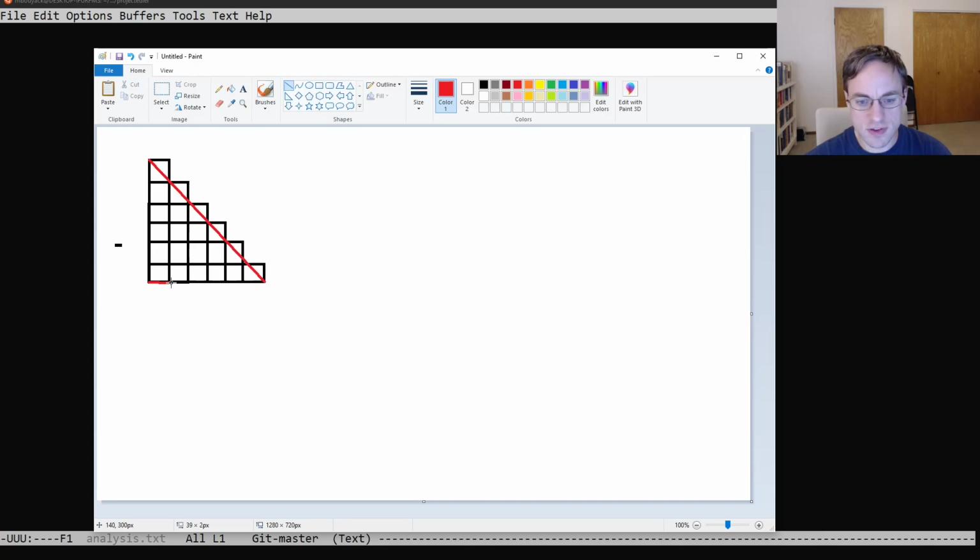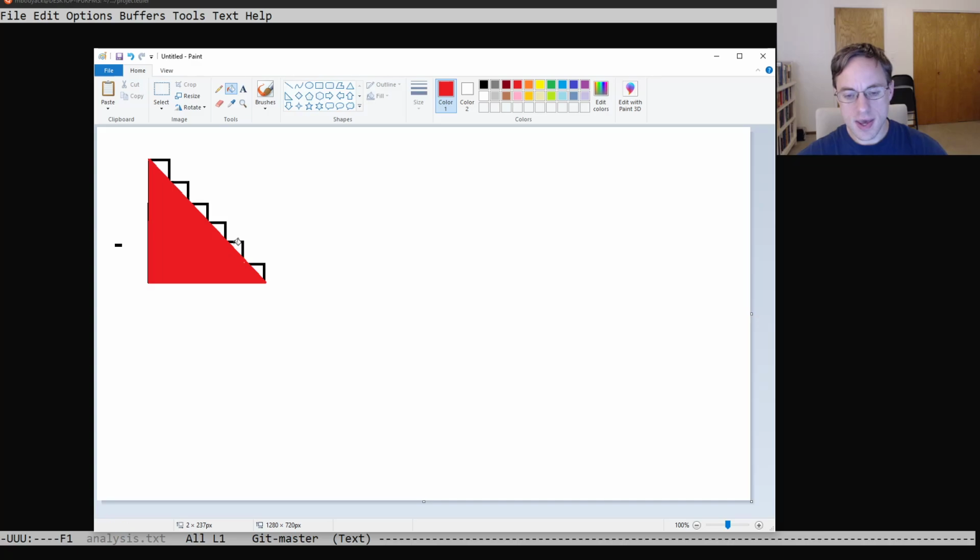If we look at this triangle here, and this is in fact where the triangle numbers get their name, let me just color this in. So the area for this triangle, you probably remember from grade school, is just going to be the base times the height over 2.